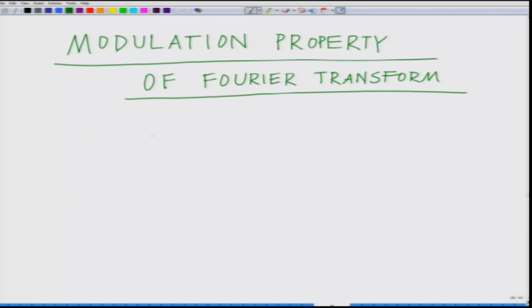What do we mean by modulation? Modulation simply refers to the operation where x tilde t is x t multiplied by a complex sinusoid at a very high frequency. In fact, this is one of the most fundamental principles of communication.